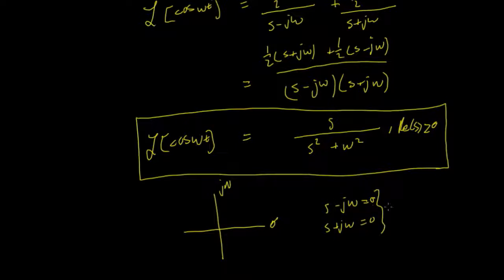So we'll expect to see a pole when s equals plus or minus j omega, a pole at some point here and a point here. We also expect to see a 0 whenever the numerator is 0, that's when s equals 0. So we expect to see a 0 here. Let's go and have a look at this in MATLAB and see if this is what we get.